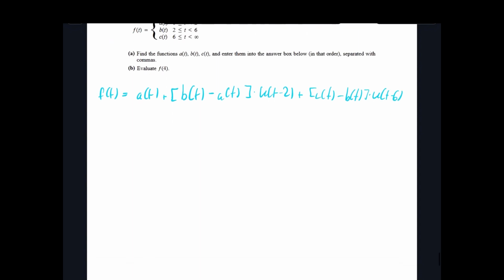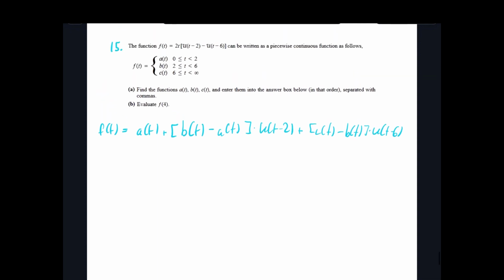And then we will just expand it out. We know that f at t equals this.